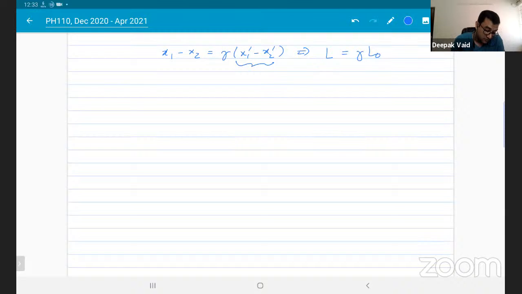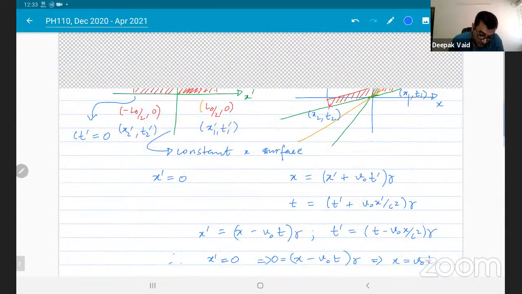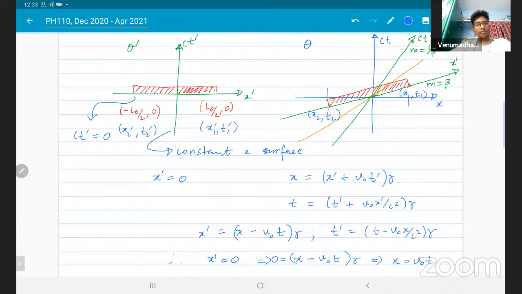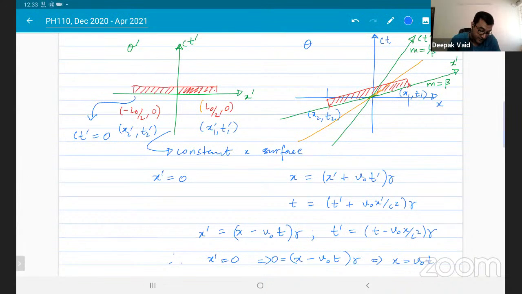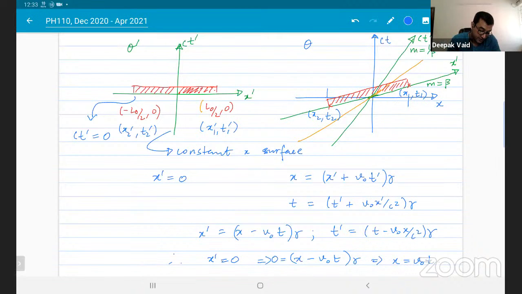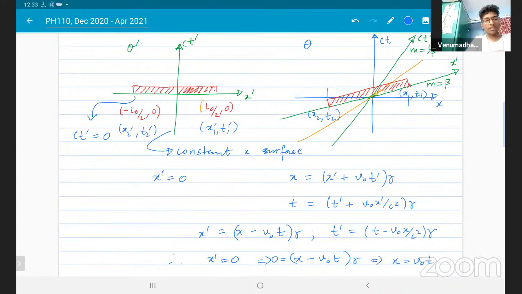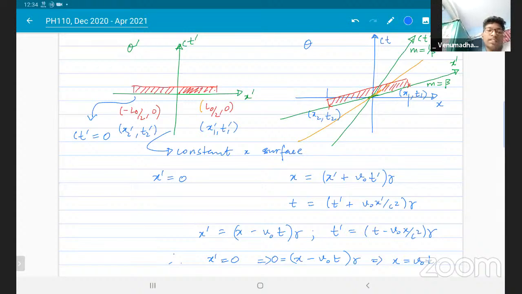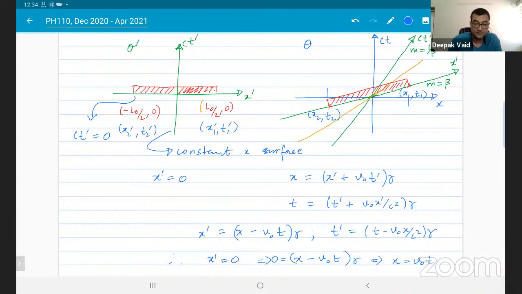Well, if you look at this picture, you can see that the length will be longer. Sir, in the Lorentz transformation, we took X dash in terms of X. I mean, if we take X dash by gamma, we'll get X is equal to X prime by gamma plus V naught T. Which transformation?